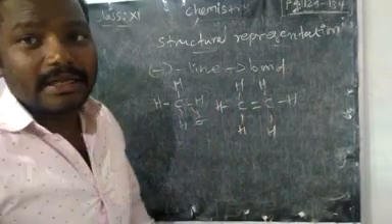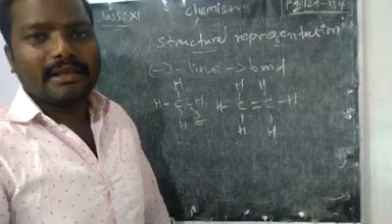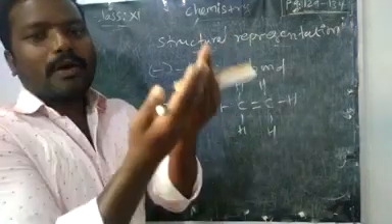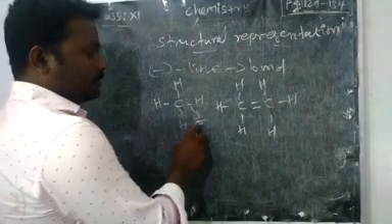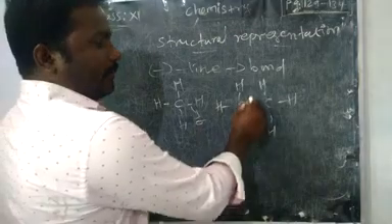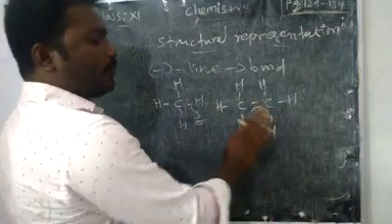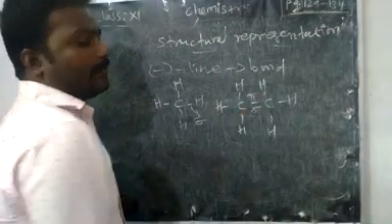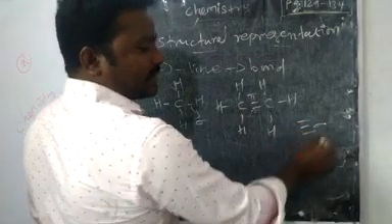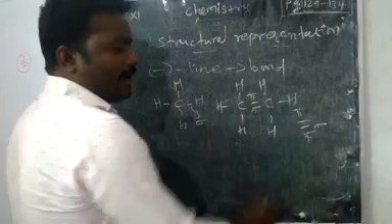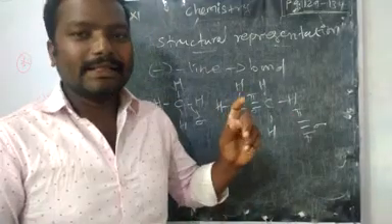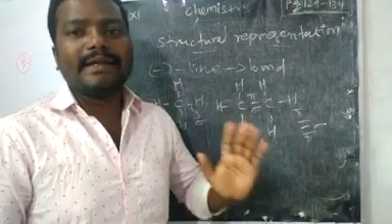You may have studied in chemical bonding in the molecular orbital theory: a single bond is formed by head-on overlap. Sideways overlap will form a pi bond. So in a double bond, one should be a sigma bond and the other one is a pi bond. In the triple bond, the middle one is a sigma bond, and the above and below are pi bonds. Okay, so all the atoms are separately connected with a bond.